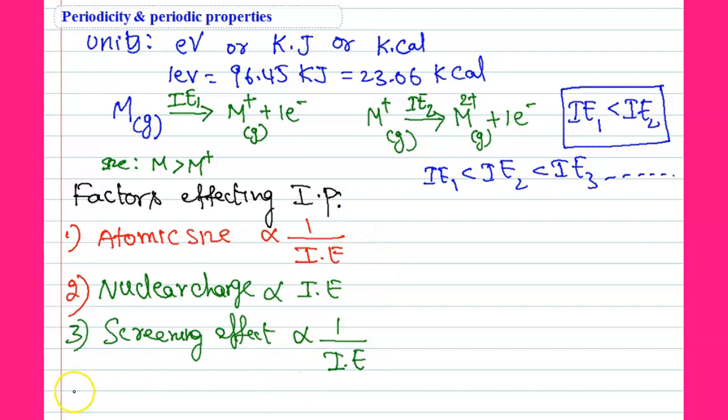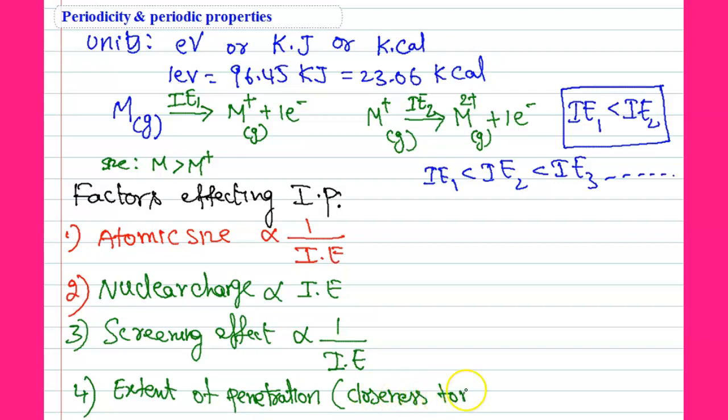Next, the fourth one is the extent of penetration. Penetration means closeness to the nucleus. In the case of s, p, d, f orbitals, the s orbitals are very close to the nucleus.